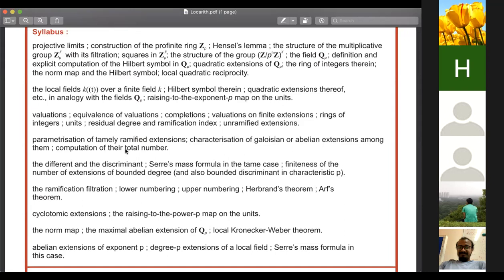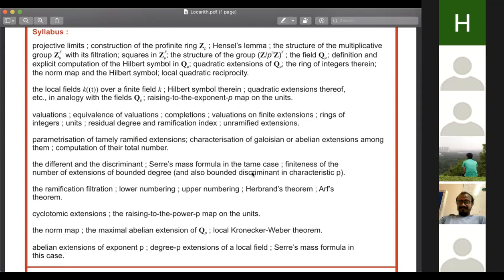That's a very important notion, and ramification also comes in two variants: tame ramification and wild ramification. Tame ramification is easier to understand. So we will classify, in fact, all tamely ramified extensions of fields like Q_p and K((T)) and so on. These wildly ramified extensions are somewhat more difficult to understand, and we will come to them later.